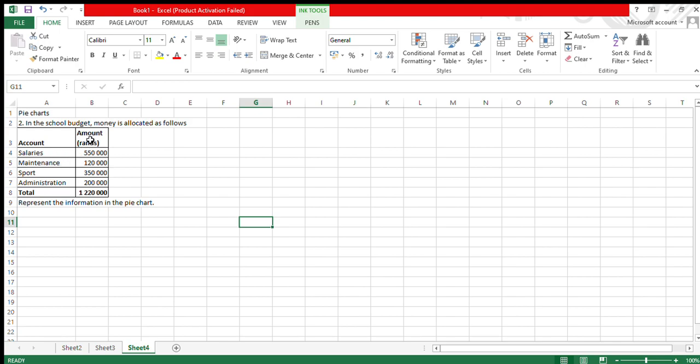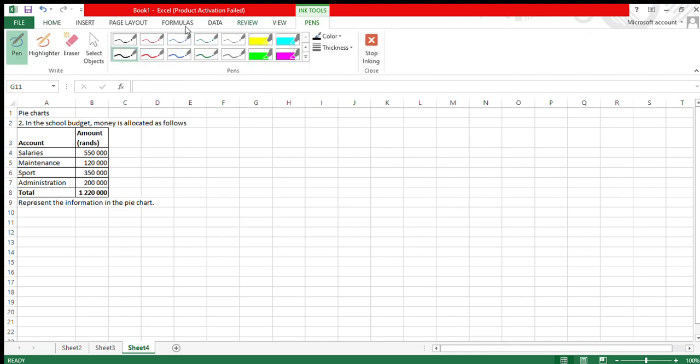On the right hand side, you've got the amount recorded in rands. This is the amount allocated per account. The total of the amounts, which is the total budget, is about 1.2 million. The question is: represent the information in a pie chart. So now let's start with that.